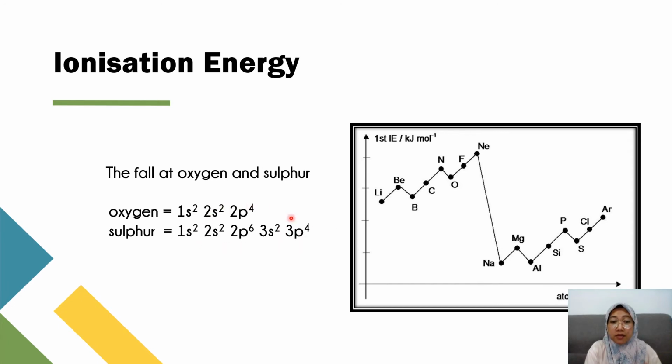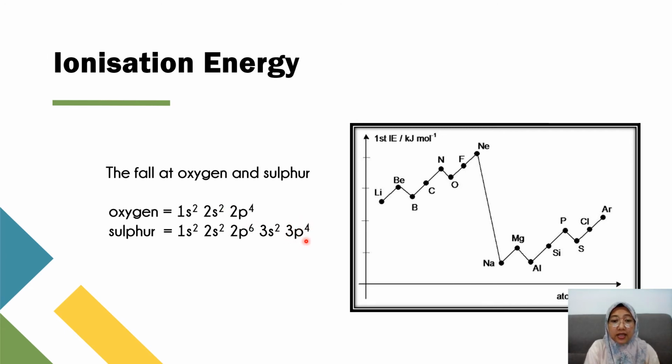Okay, yang ni sama macam boron dengan aluminium tadi. Dua-dua pun ada s orbital, p orbital. Okay, cuma bezanya dekat sini, untuk first ionization energy, kita nak remove first electron. Okay, jadi first electron kita akan ambil daripada p orbital ni. Okay, this one, p orbital.